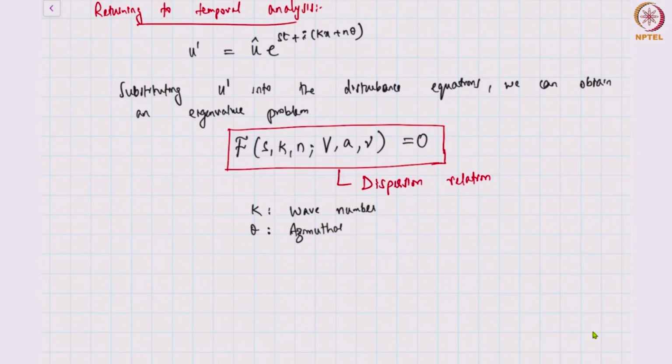This is the wave number: k is an axial wave number and n is an azimuthal wave number.